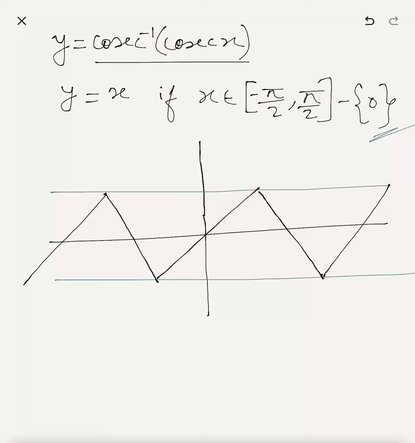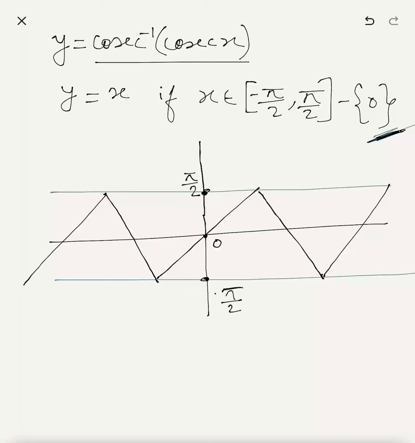The only difference from sine inverse sin x is that here you have got pi by 2, and this is minus pi by 2, and this is 0. The only difference is that 0 is excluded.